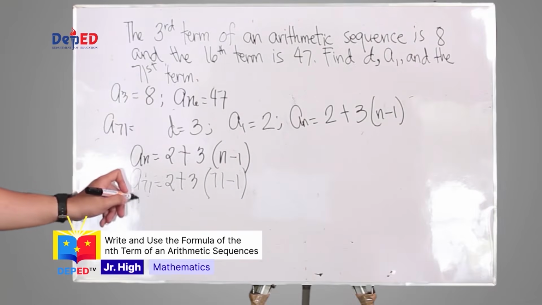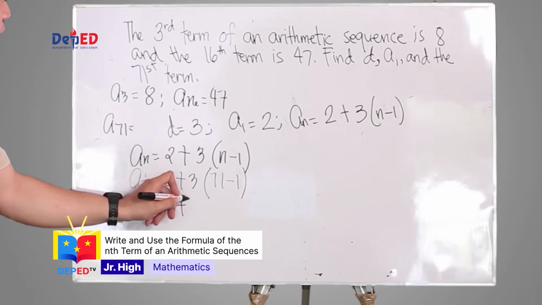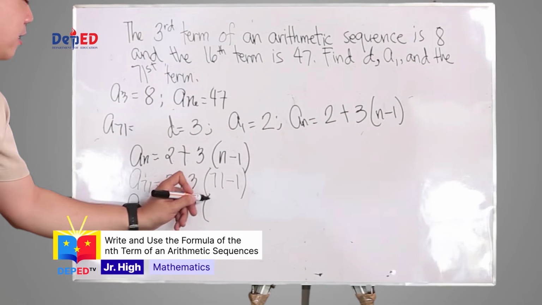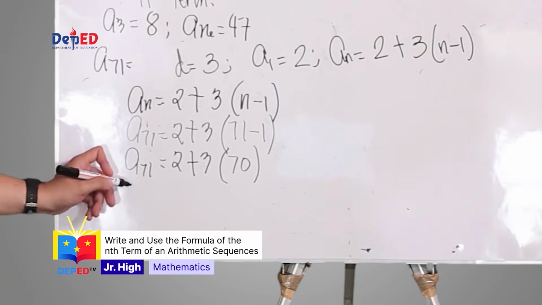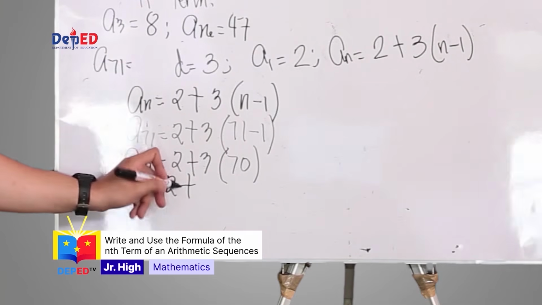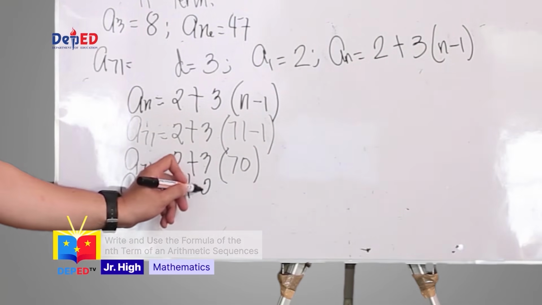Next, we have a sub 71 is equal to 2 plus 3 times 71 minus 1 is 70.